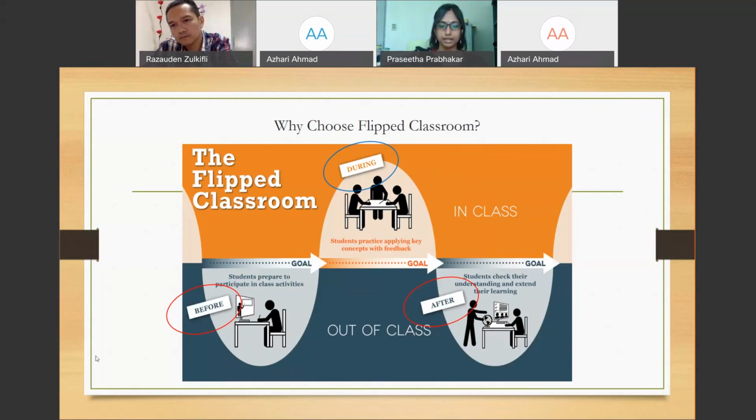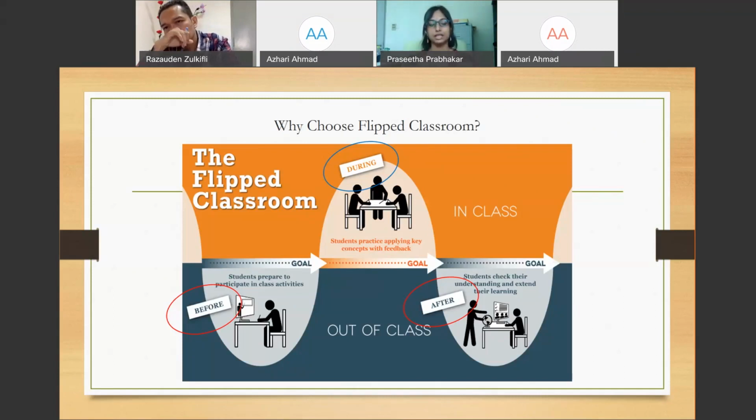I post this on e-learning along with a brief lecture note that I prepare, and related videos and additional notes on that specific chapter or subtopic beforehand. Students get the opportunity to go through the materials, try to understand what is going to be taught in class, and prepare their presentation slides in whatever way they choose to present.